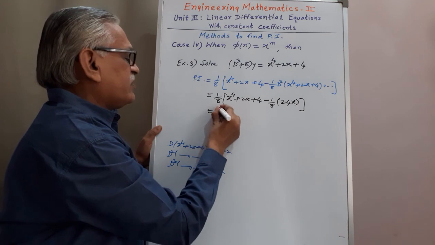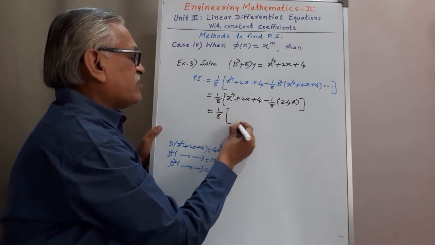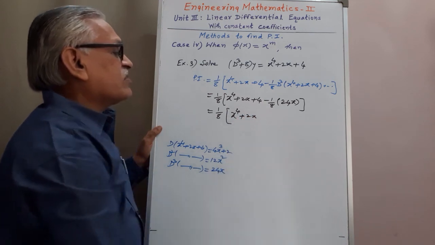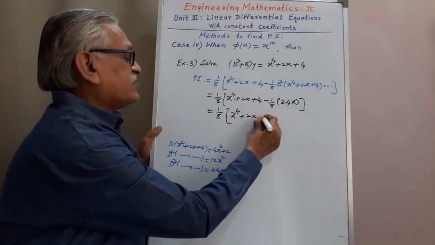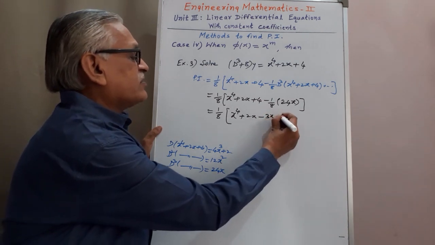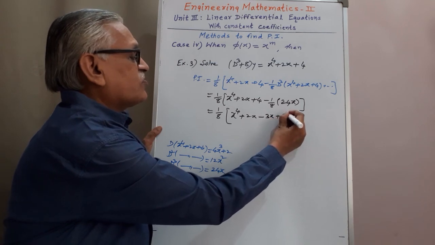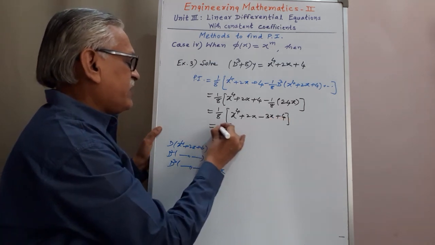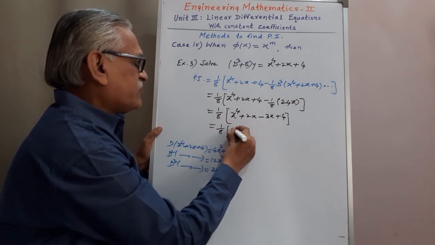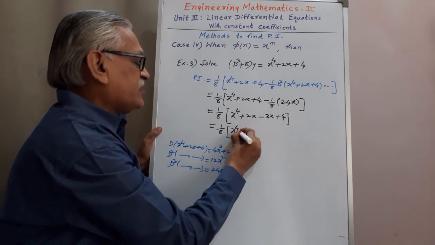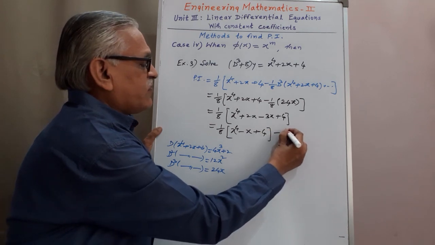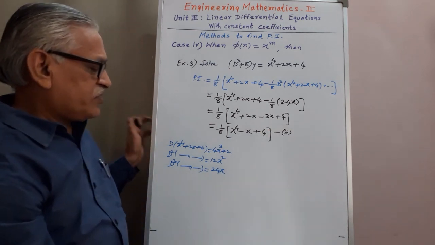Simplifying it, it is 1 by 8 (x raised to 4 plus 2x) minus 24 by 8, therefore we get 3x plus 4. Simplifying further, we get 1 by 8 times (x raised to 4, 2x minus 3x, we get minus x plus 4) as the required PI, equation 2.